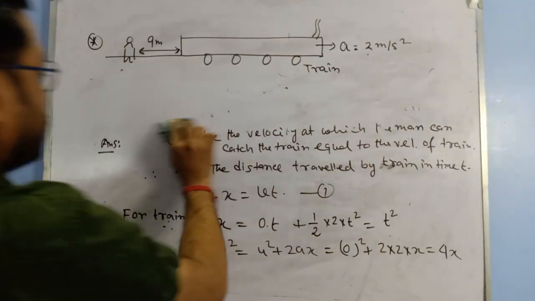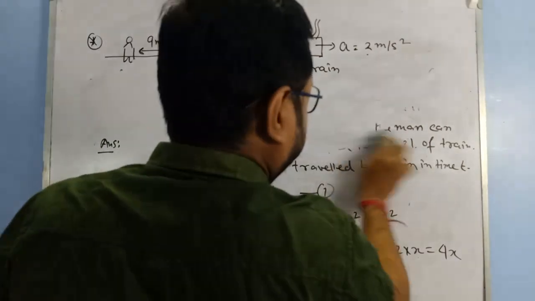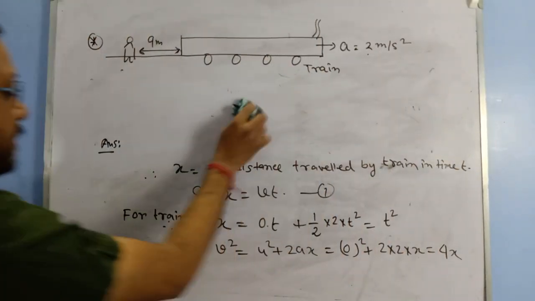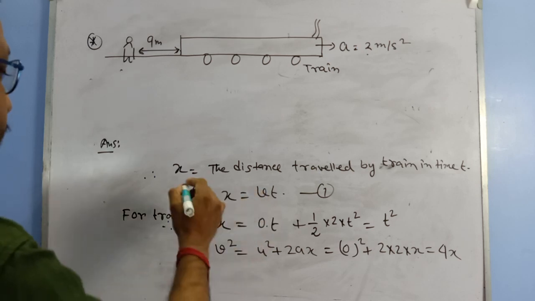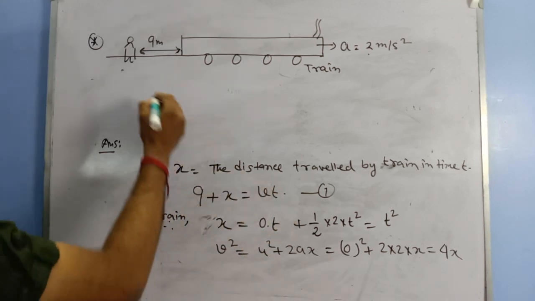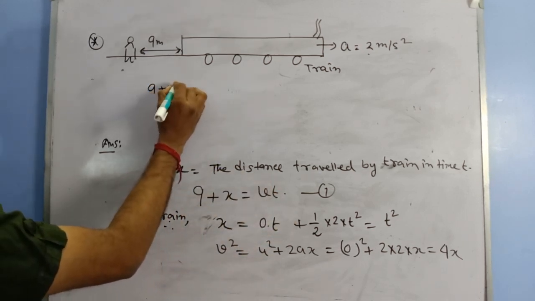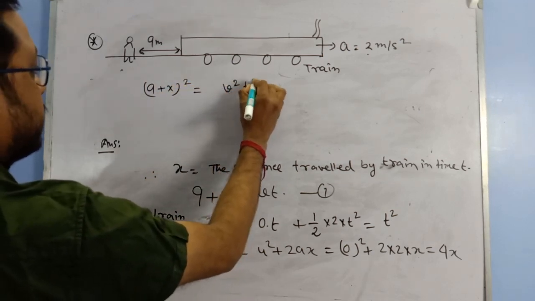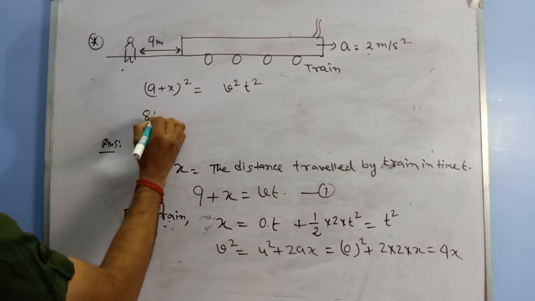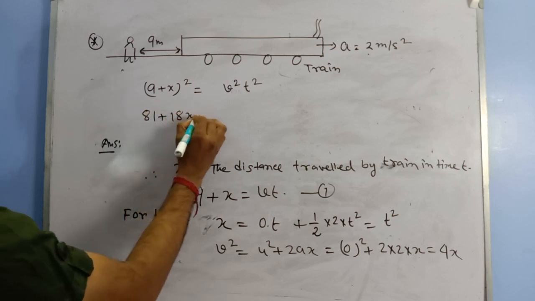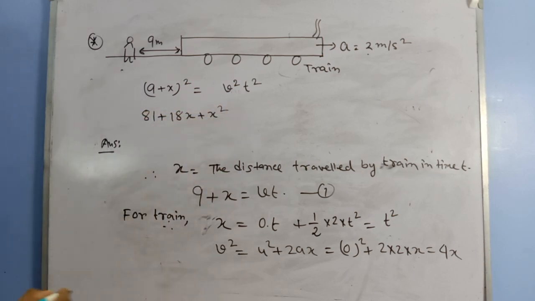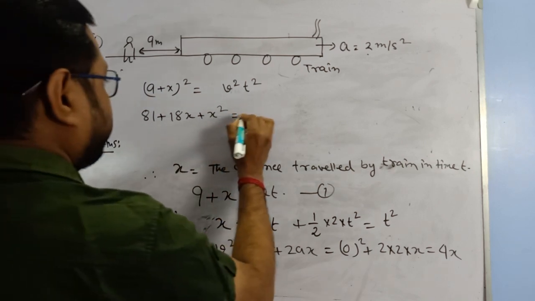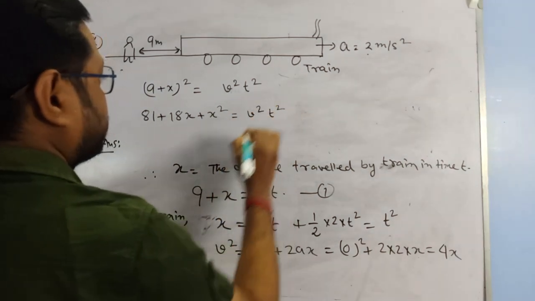Okay. So squaring equation 1 on both sides, we get 9 plus x whole square is equal to v square t square. So 81 plus 18x plus x square equal to v square t square.